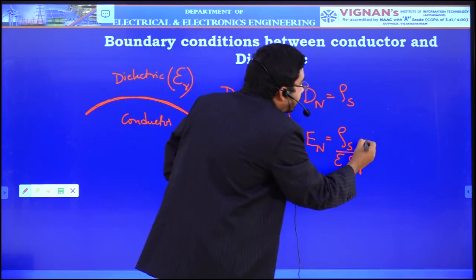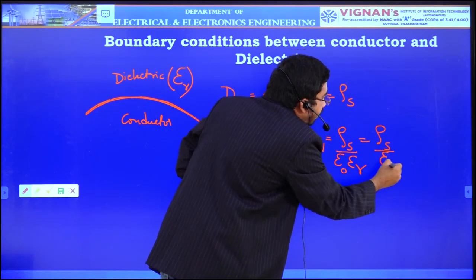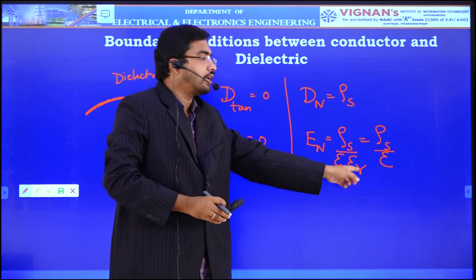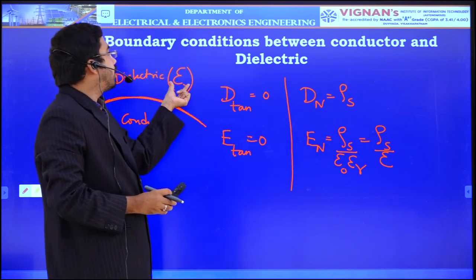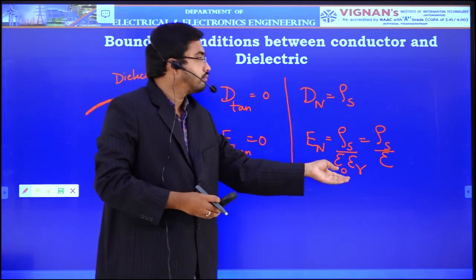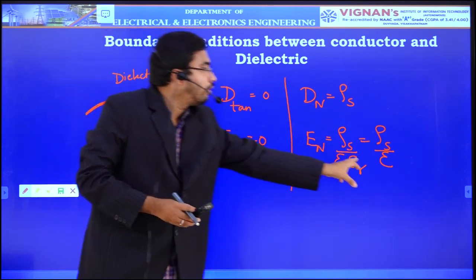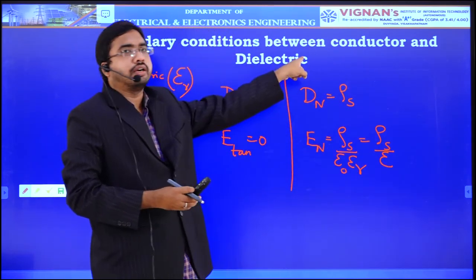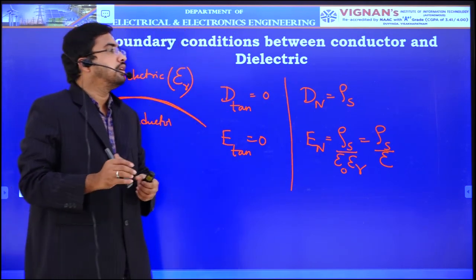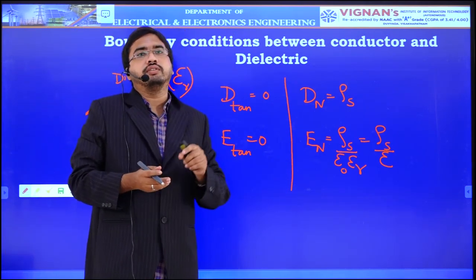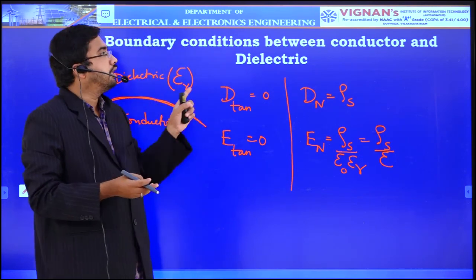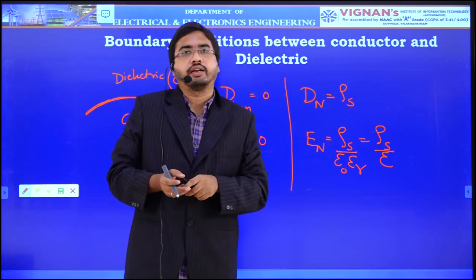That means En equals rho s by epsilon, where epsilon equals epsilon naught into epsilon r. Here we are also including epsilon r, the relative permittivity of the dielectric that you are considering. Remaining everything is the same. This is the only change observed in these boundary conditions. So two derivations we have completed: boundary conditions between a conductor and free space, and boundary conditions between a conductor and dielectric.